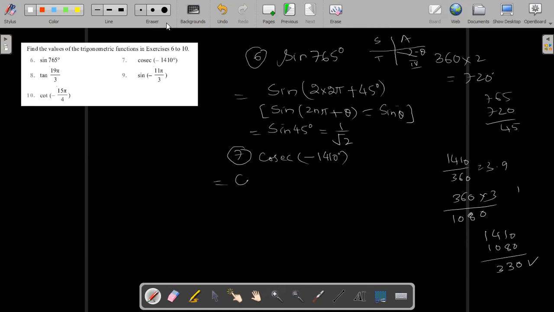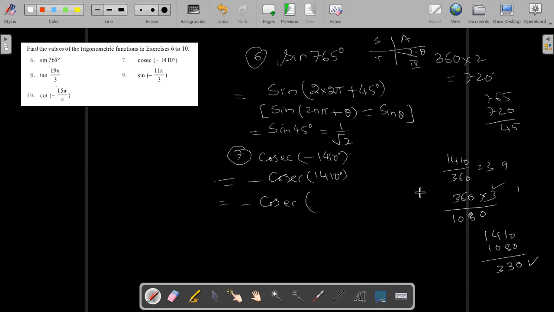So the minus will go out first. Always this minus should be removed first.